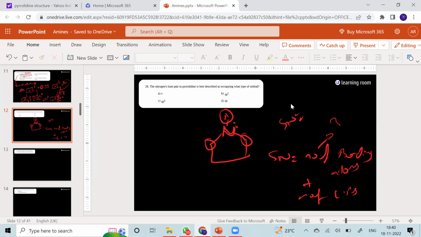So this value is 3, plus number of lone pairs. Now this lone pair is there, plus 1 will become 4. The moment you see it's 4, you can conclude that it is going to be sp3 hybridized. Do you know how to calculate the steric number and the hybridizations? Do you know or you don't know?